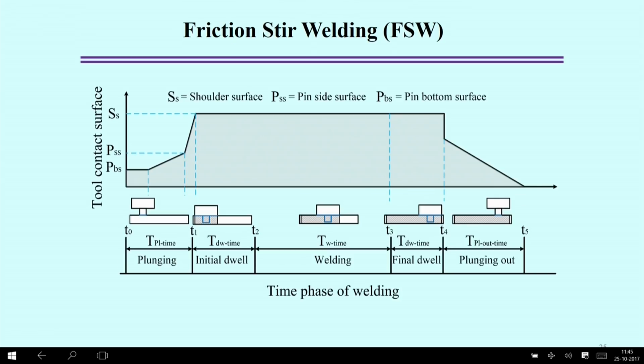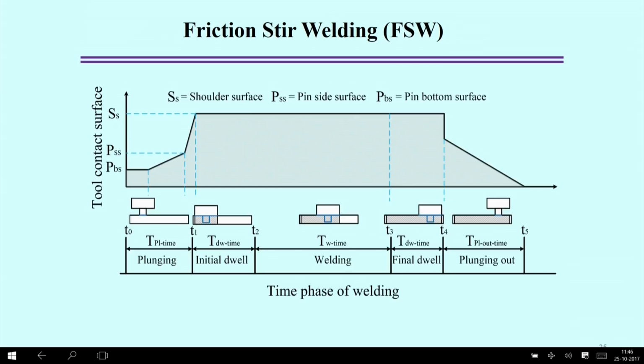Next is the dwell phase, or we can say the initial dwell phase. Once the plunging depth is completed, we keep the tool at the fixed position for a certain time; that is called the dwell time. Once the dwell time is over, we start the actual welding process. Welding starts in the sense that the rotating tool starts moving in the transverse direction, along the welding direction.